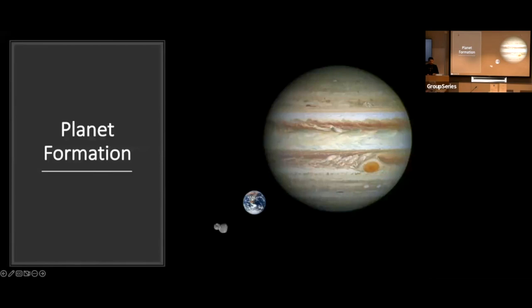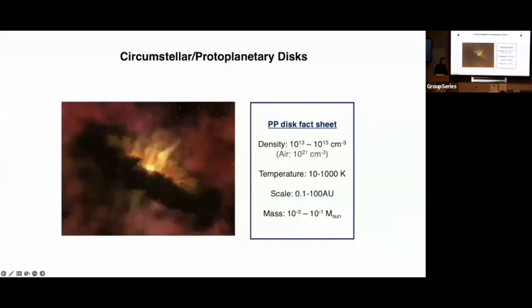First, for the people who do not work in the field, I'd like to give a brief introduction to the numbers that we deal with so that you can have a feeling for what these protoplanetary disks look like. They have a density of about 10 to the 13 to 10 to the 15 particles per cubic centimeter. For comparison, the density of air is 10 to the 21 particles per cubic centimeter.